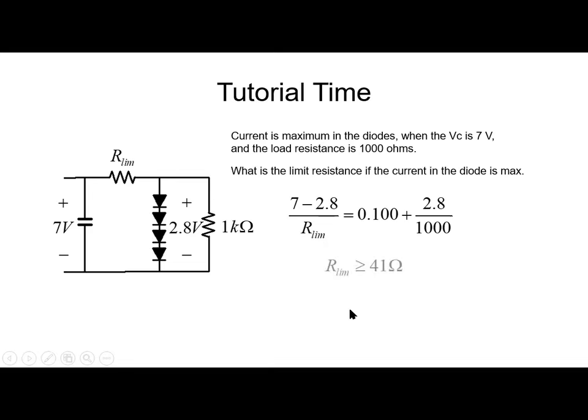From there we solve the resistance. If we lower the limiting resistance below 41 ohms, the current in the diodes will exceed 100 milliamps and bad things will happen. So keep the limiting resistance above 41 ohms.